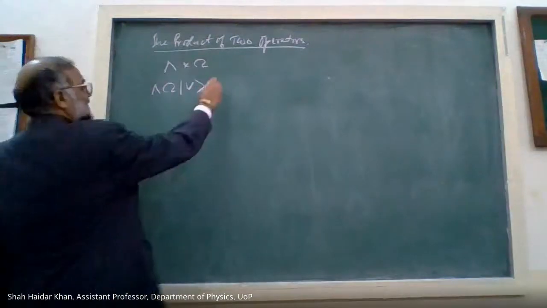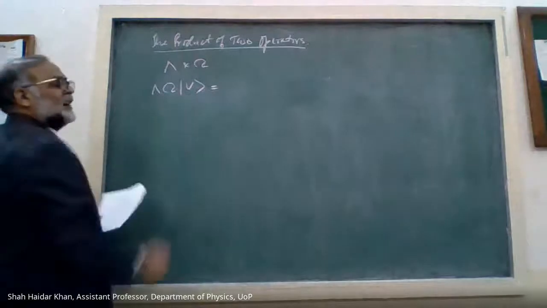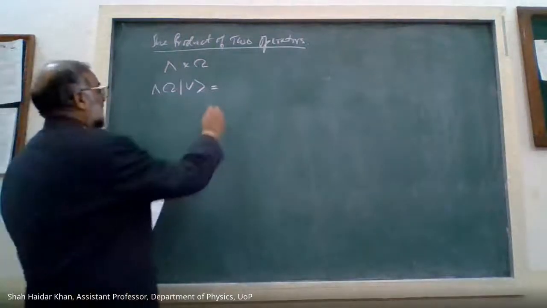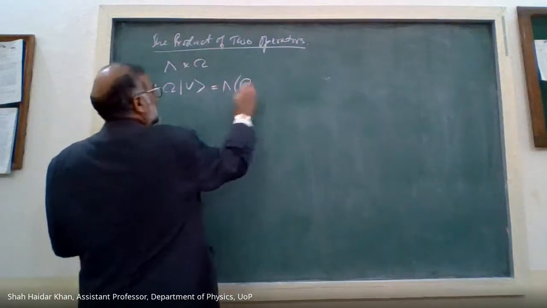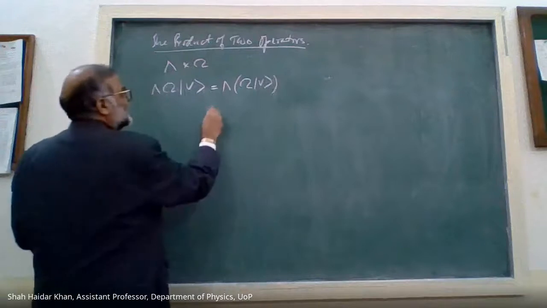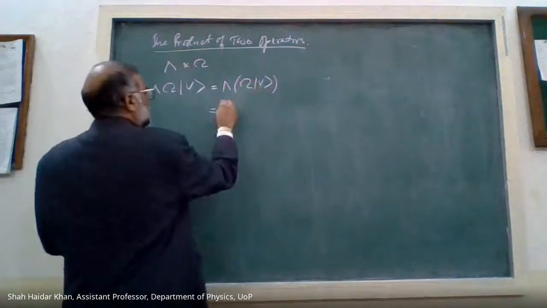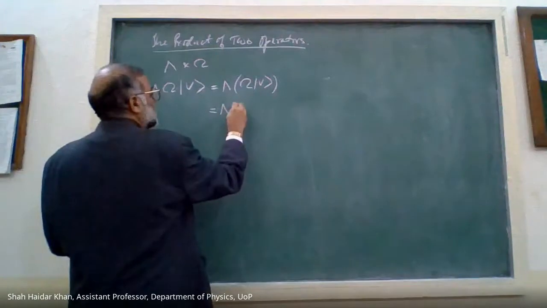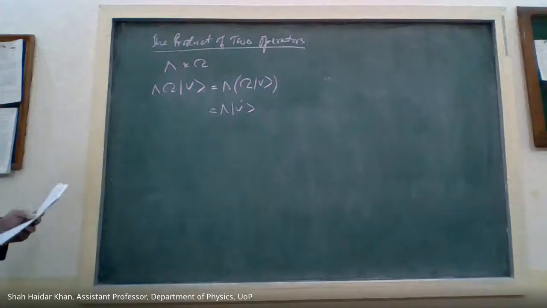First, omega will act on ket V and turns it into V prime. Lambda is another operator.